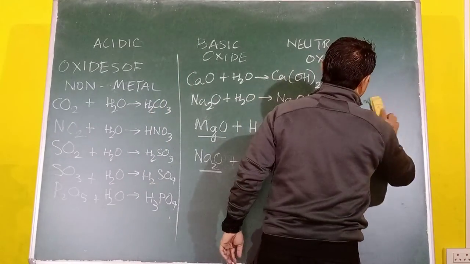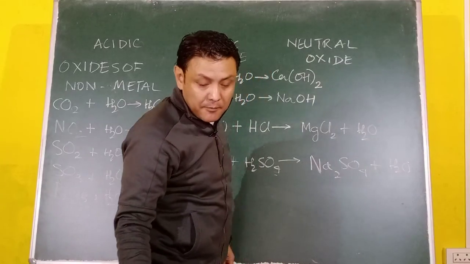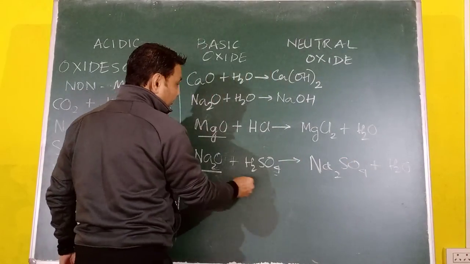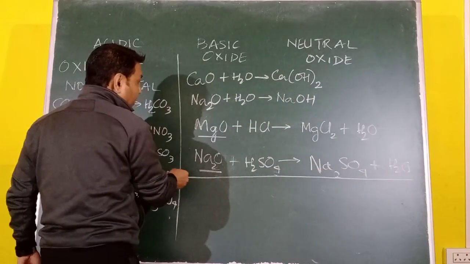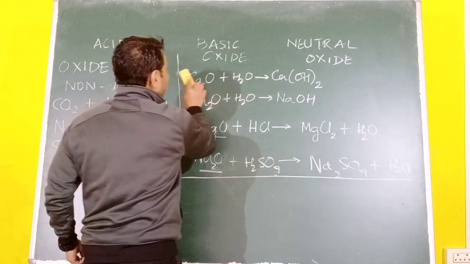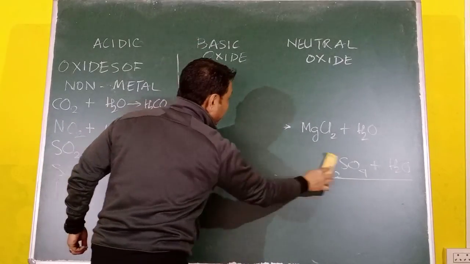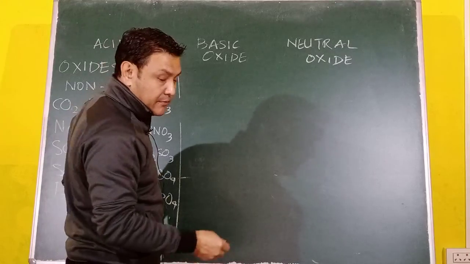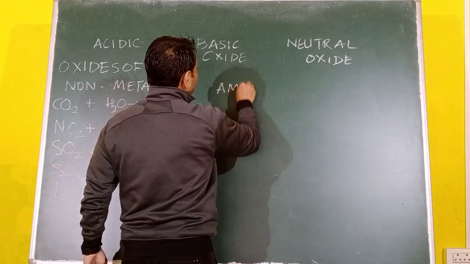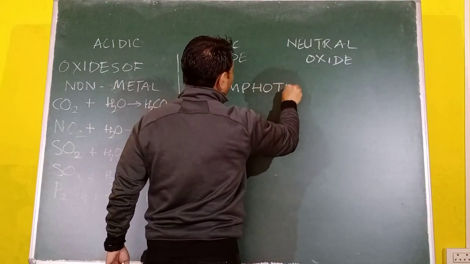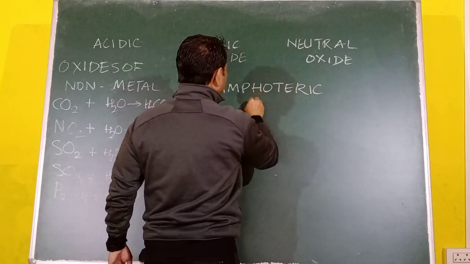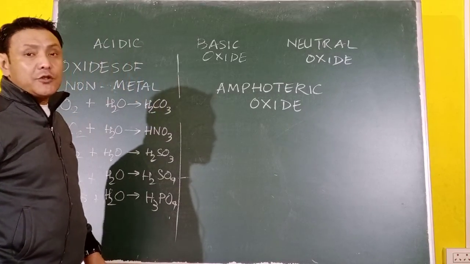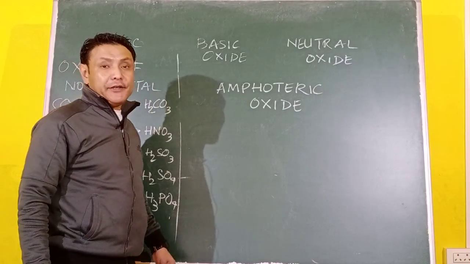oxides. Now we come to the last portion of this chapter, that is amphoteric oxide. I'll rub this off and talk about amphoteric oxide. Amphoteric oxides are somewhat like metalloids.